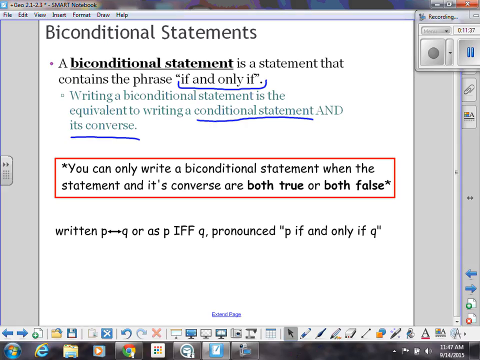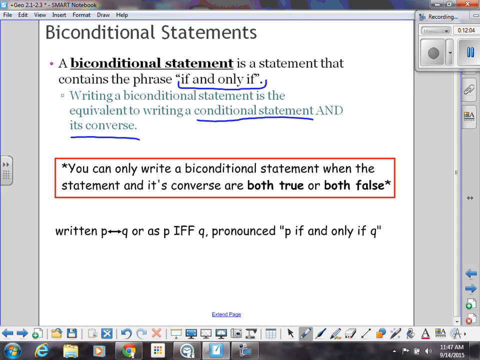Okay. So you can only write a biconditional statement when the statement and its converse are both true or both false. Okay. Otherwise, that biconditional statement doesn't make sense. And then here are the symbols.